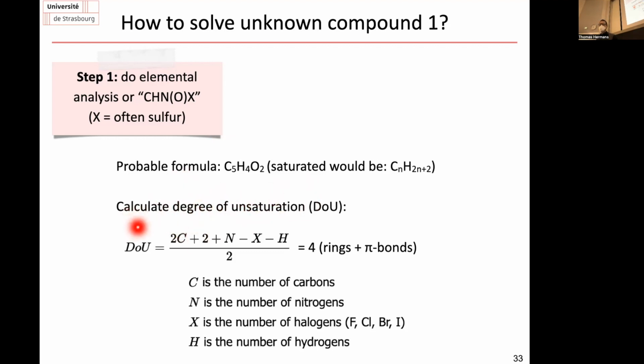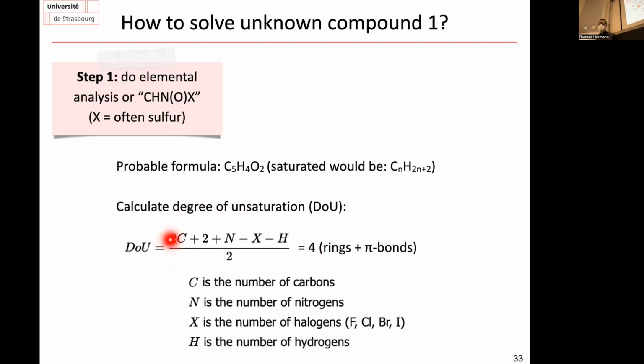The degree of unsaturation takes into account the number of nitrogens, the number of halogens, and the number of hydrogens. So you take your formula and say: 2 times carbon plus 2 plus the number of nitrogens minus the number of halogens minus the number of hydrogens, divided by 2, is some kind of number.